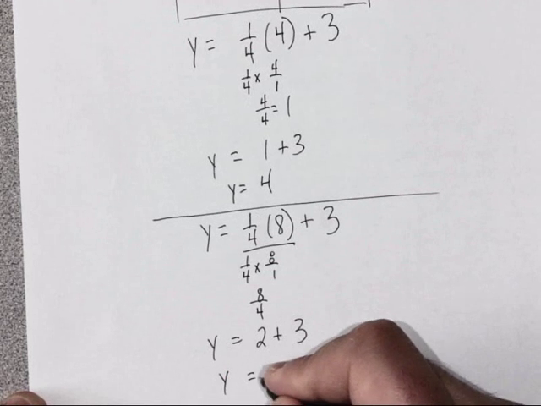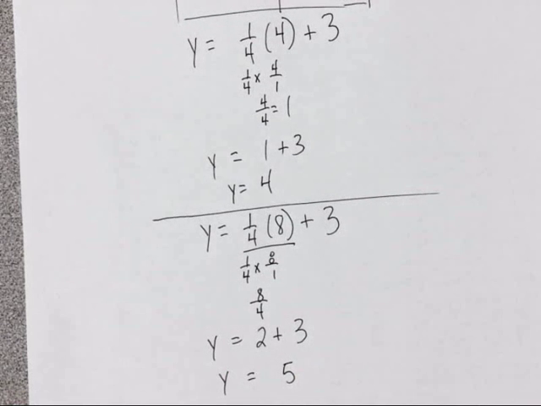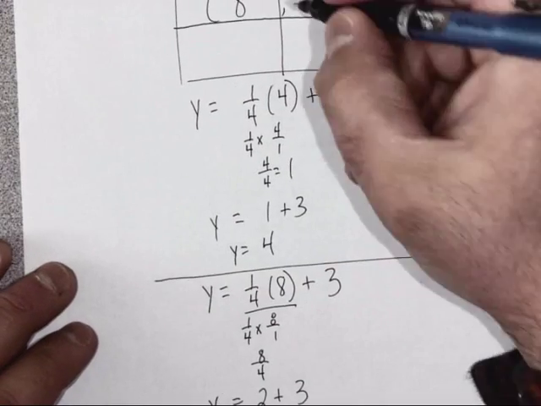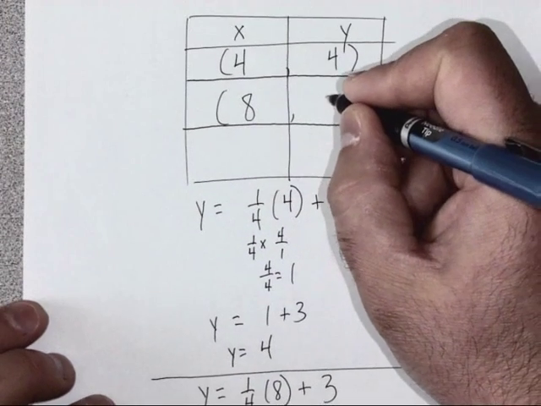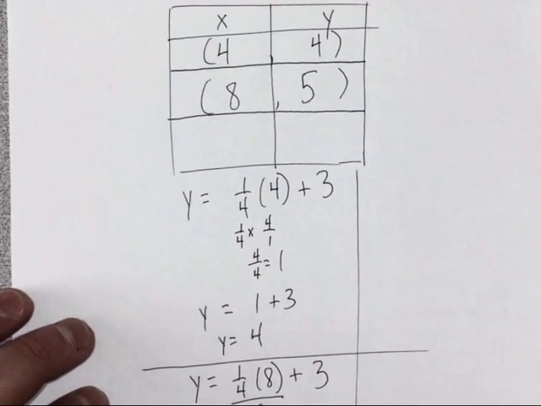So that worked out nice. This was a whole number, not a fraction, and that's what I wanted. Okay, so that gives me (8, 5), and then I just continue that trend.